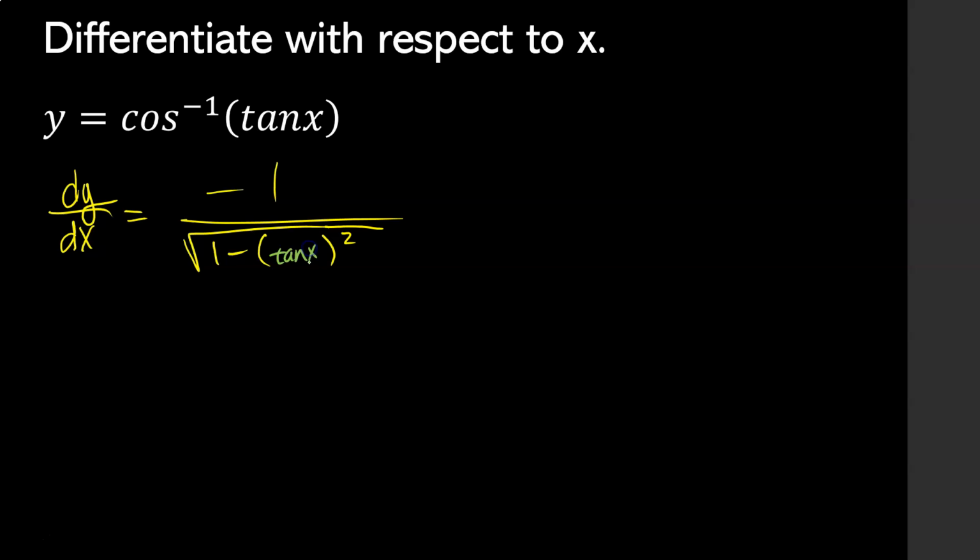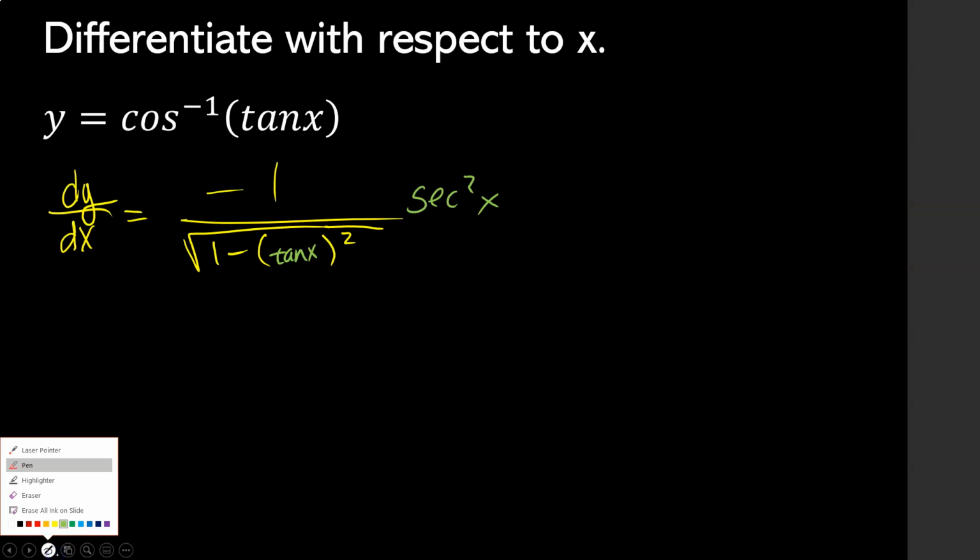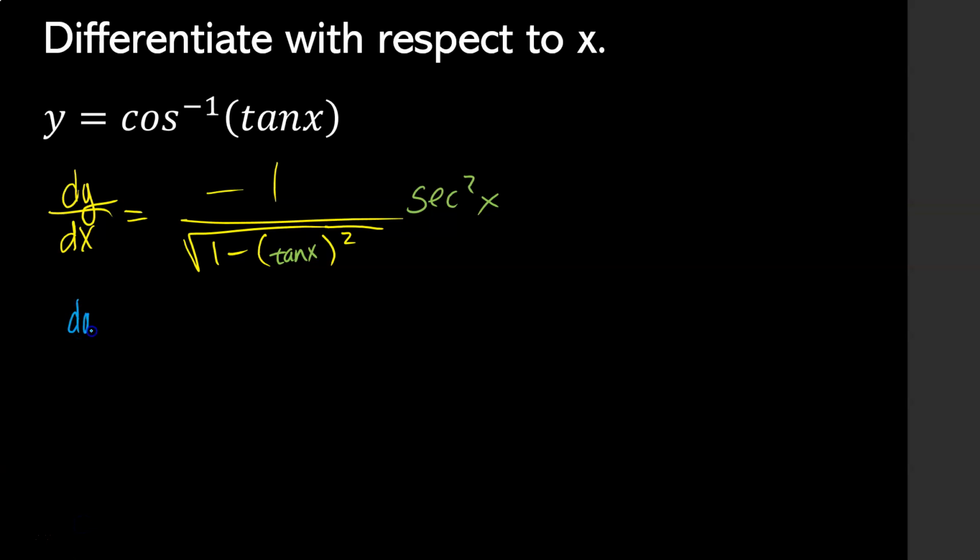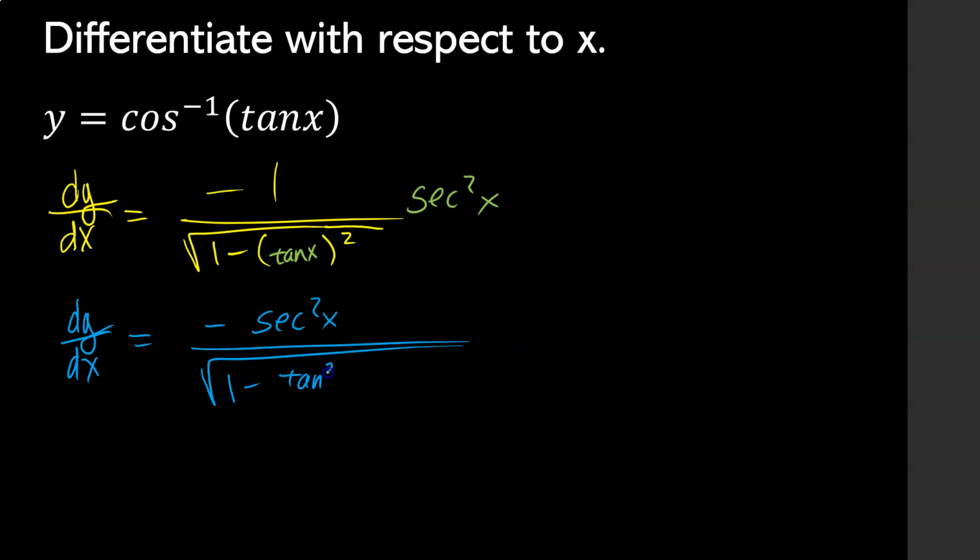So we need to use the chain rule multiplied by secant squared x, the derivative of tangent. Let's go ahead and clean up. So dy dx is negative secant squared x over the square root of 1 minus tangent squared x. I think that's good.